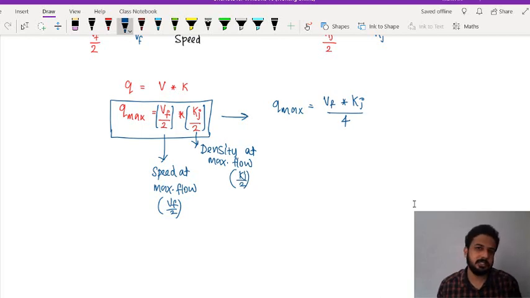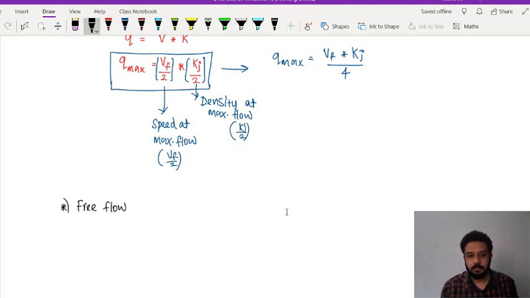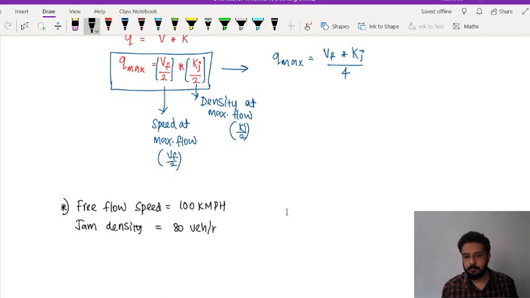So sometimes they can give a question. For example, let me write 2-3 questions here itself. If I am telling you the free flow speed, okay, it's a question, free flow speed is equal to, for example, 100 kmph, and the jam density or maximum density is equal to 80 vehicles per kilometer, then what will be the maximum flow on this road stretch?